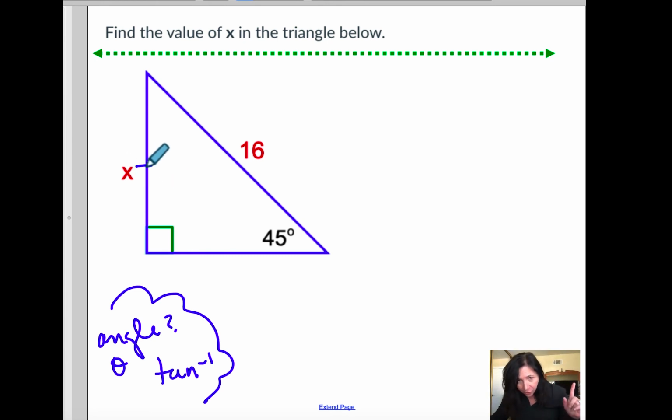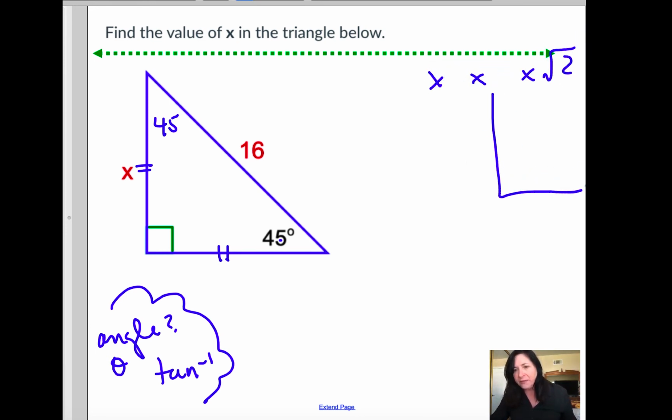Though I do notice that these are actually the same side because this is a 45 degree. So that's a 45 degree. So x root 2. If you remember that formula for a 45, 45, 90 right triangle where these are equal, it goes x root 2.